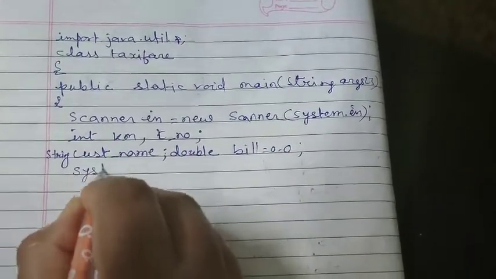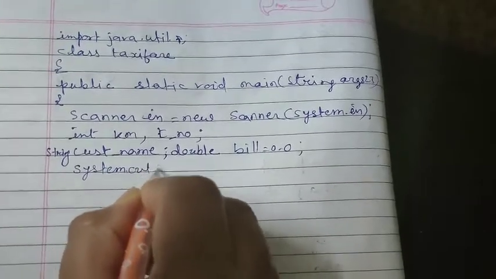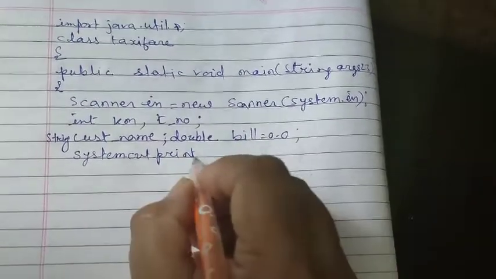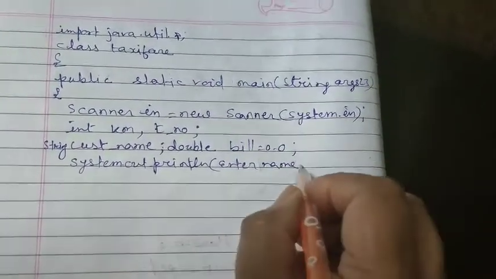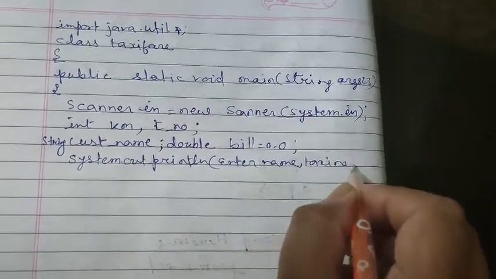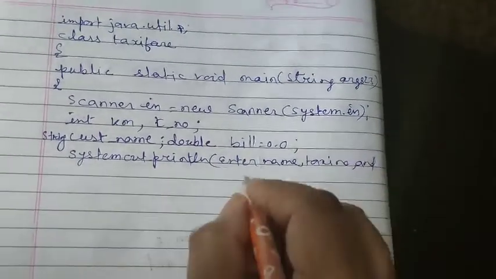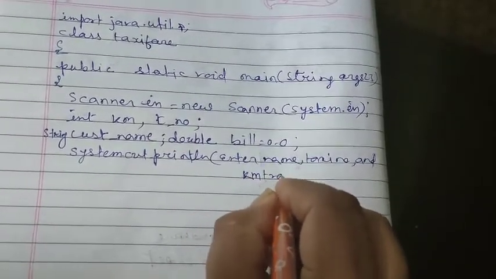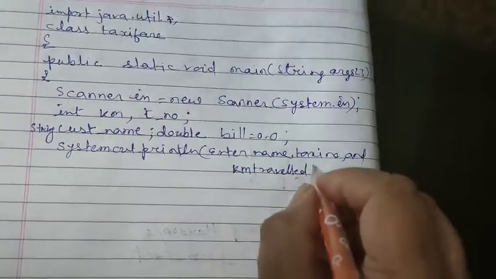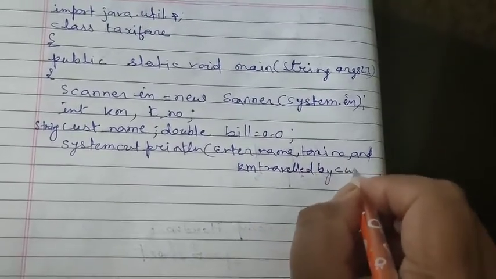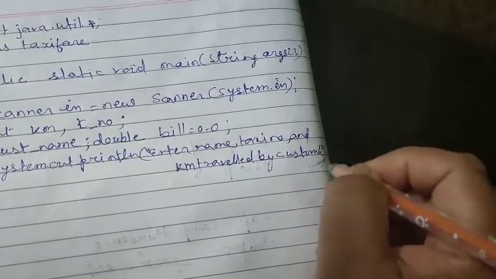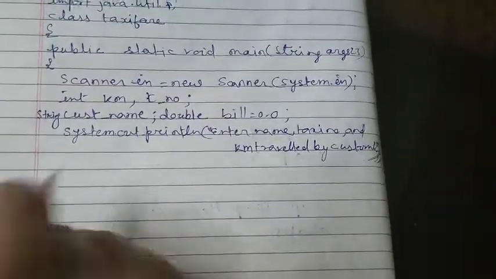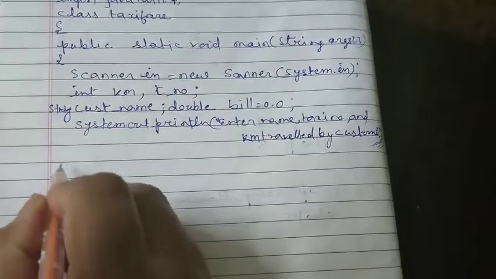So I will write in one sentence: System.out.println, enter name, taxi number, and kilometer traveled by customer, and keep that in brackets and quotes, with the closing bracket and semicolon, and afterwards I am going to enter the values.